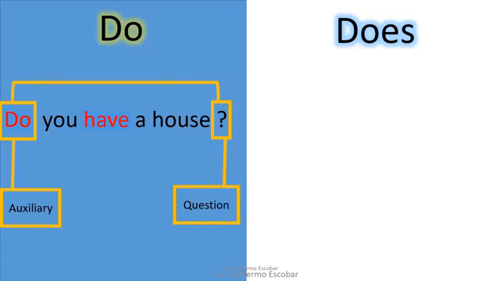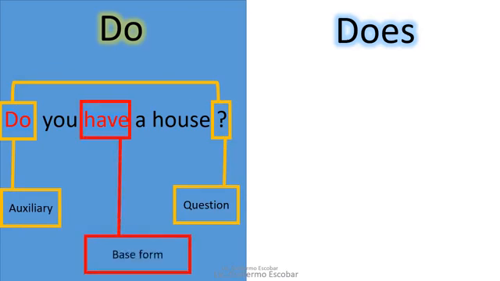Finally, don't forget that you have to write the question mark. Then, notice that the verb have is in its base form. So, we use the auxiliary do with the subjects I, you, we, and they in questions.